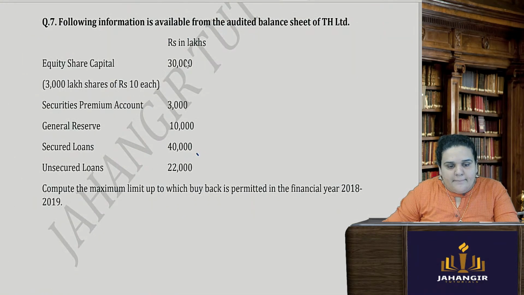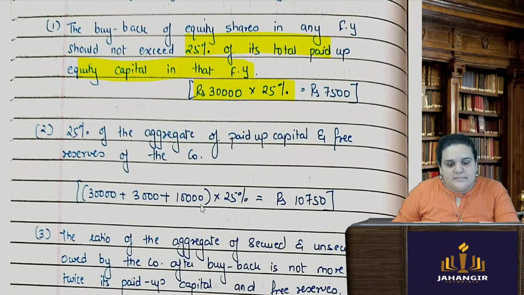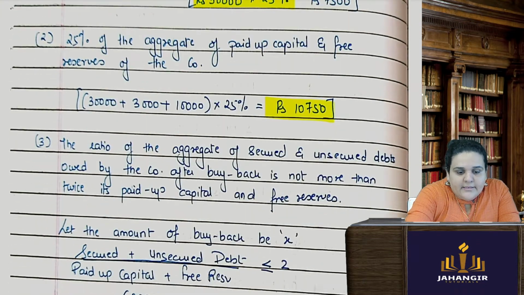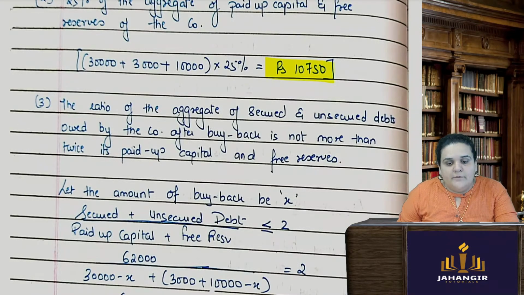So total paid up capital 30,000 plus free reserves, that is security premium, general reserve 3,000 plus 10,000, into 25%. This will come as 10,750. And the ratio of secured unsecured debt to the paid up share capital and free reserve should not be greater than 2.